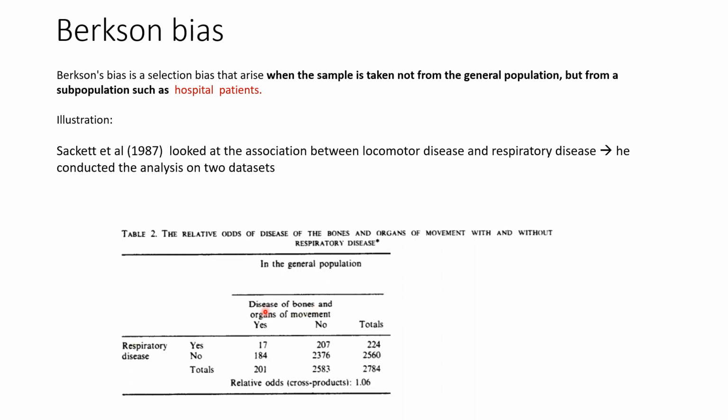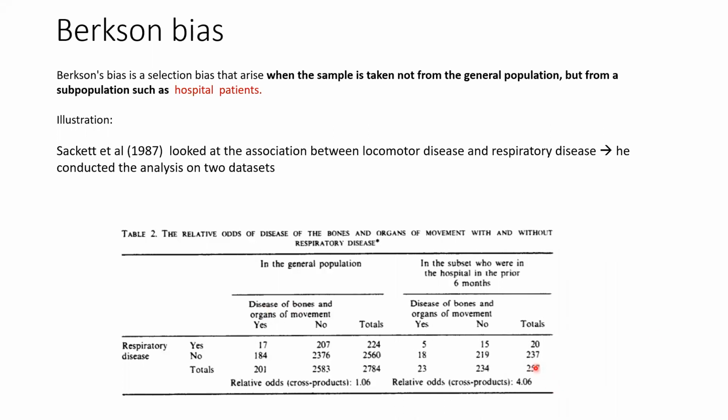Then he did the same analysis on patients from the hospitals. He recruited 257 patients from the hospital, computed the odds ratio, and got 4.06. So it's a huge overestimation compared to the general population.